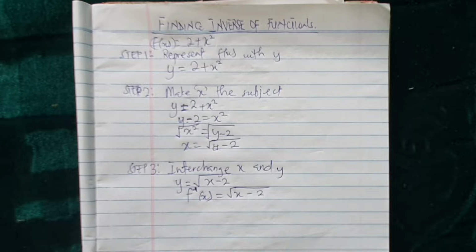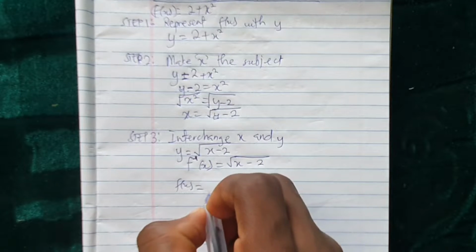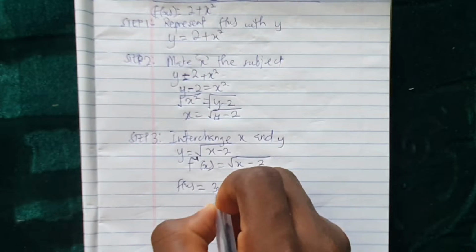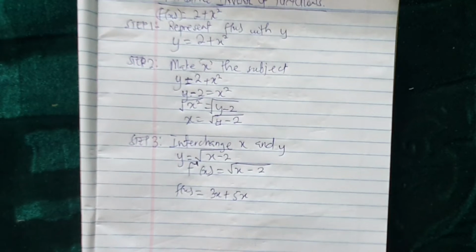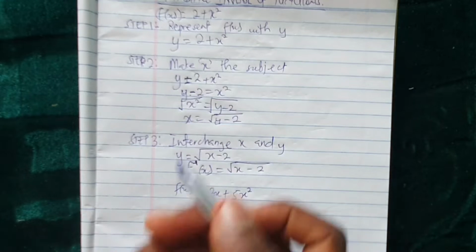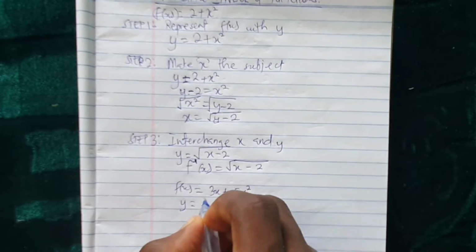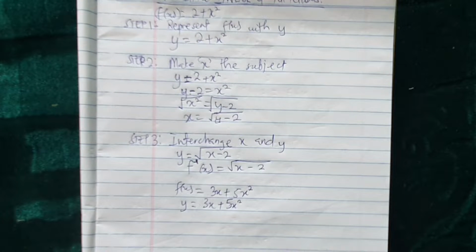Right, let's go through a second example. So we have f of x equals 3x plus 5x squared. Right, so we are using the same steps. Represent this with y: y equals 3x plus 5x squared.